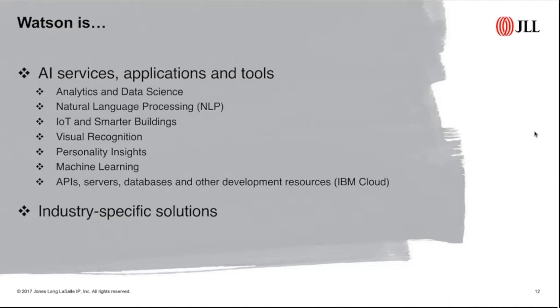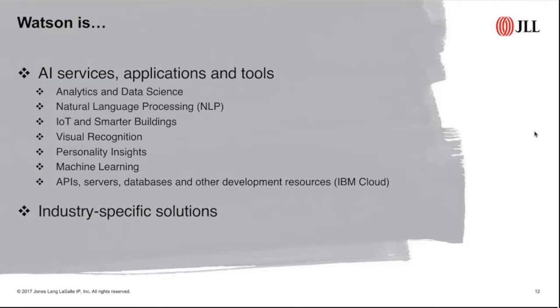So in my research and in speaking to a number of people that can help tie the threads together of really what is under that Watson umbrella, Watson is essentially a catalog of AI services, applications, and then tools to utilize those services and build those applications.